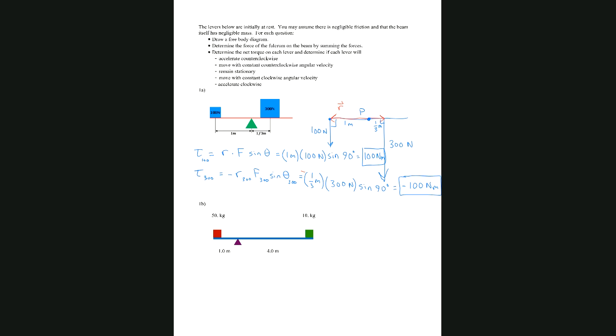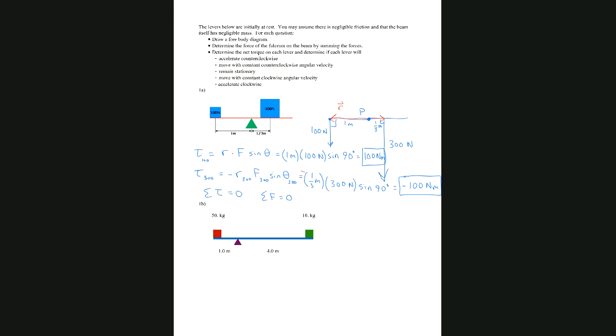So what does that mean for our beam? Well, it means that it's not going to angularly accelerate. And it turns out that not only is the sum of the torques equal to 0, but the sum of the forces is equal to 0 as well.